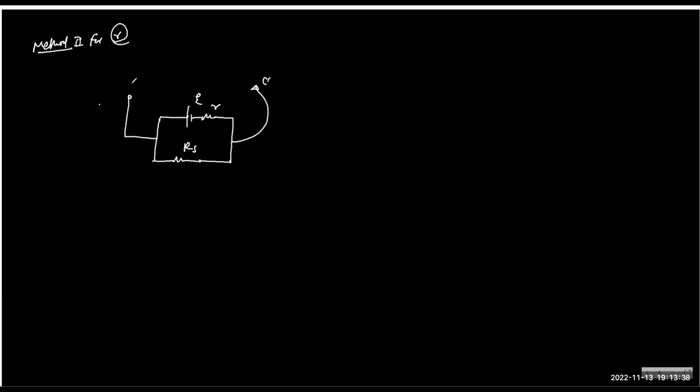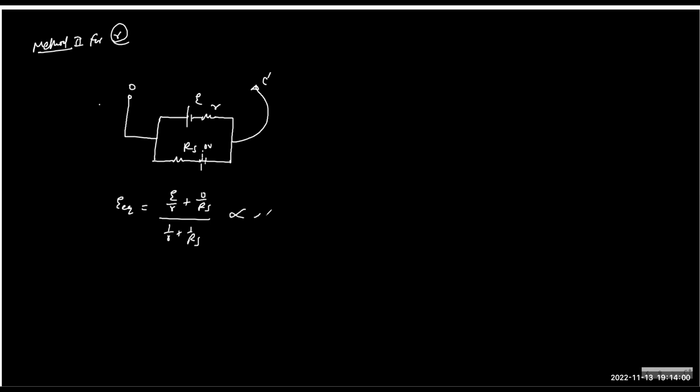Because I'm closing both, I'm just representing C dash. From Millman's theorem, if there is no potential, you can assume a potential of 0 volt. So what is the E equivalent here? E by R plus E by R plus 0 by RS, upon 1 by R plus 1 by RS.